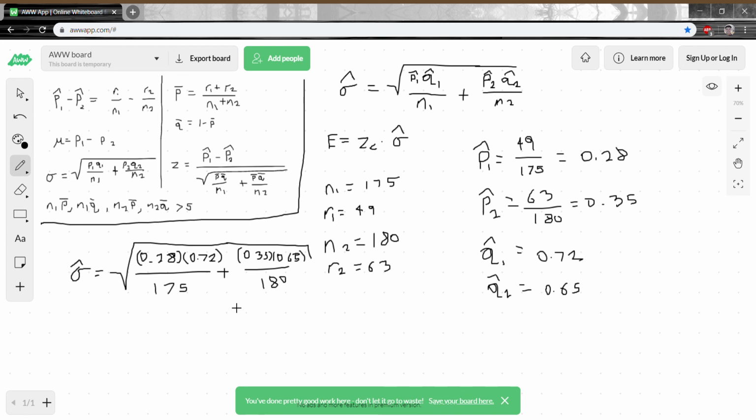We can test that the sample sizes are large by running the n times p. It checks out.